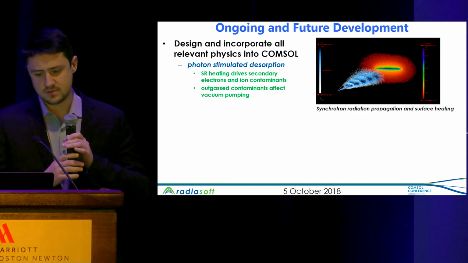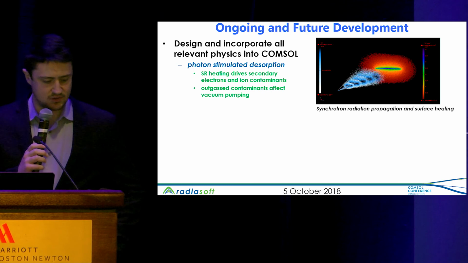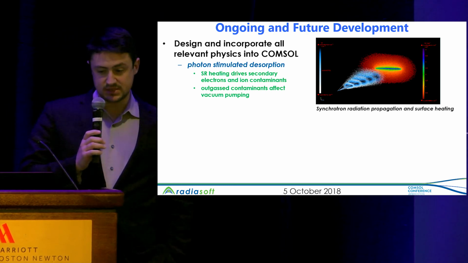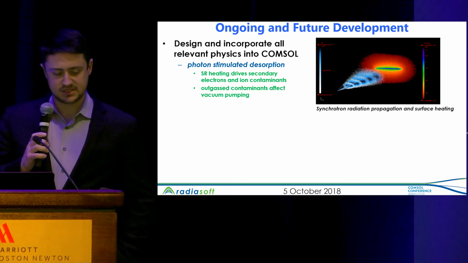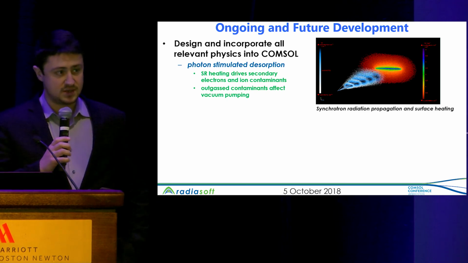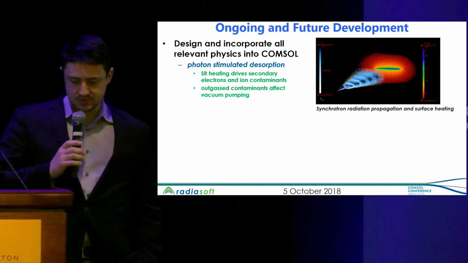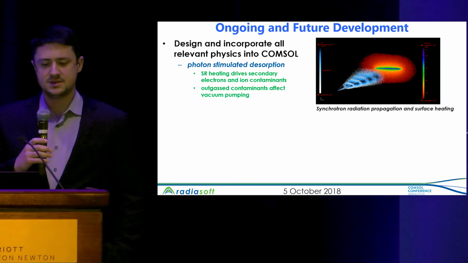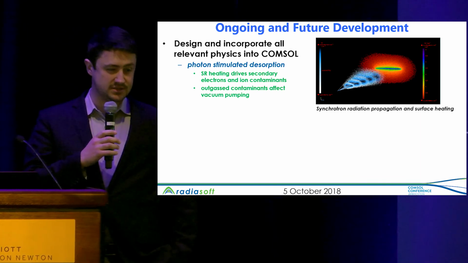speed things up. Okay, and so right now we're working on something called photon stimulated desorption. Most of you are probably familiar with the desorption process. Not only does the synchrotron radiation heat the material and you have thermal desorption, you get these ions kicked out, but you also have this atomic excitation.